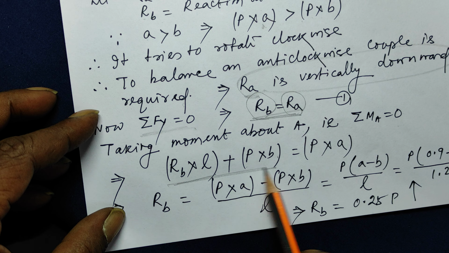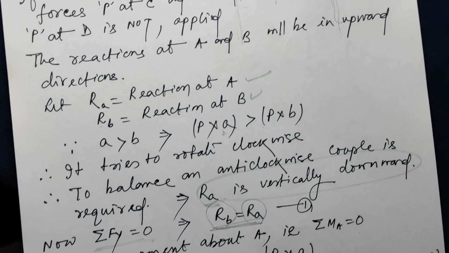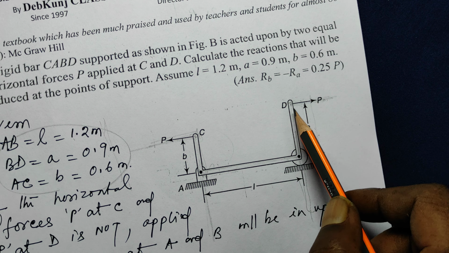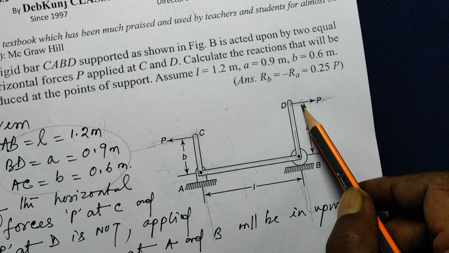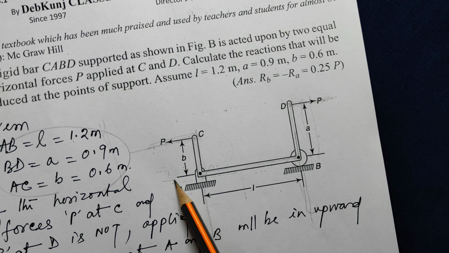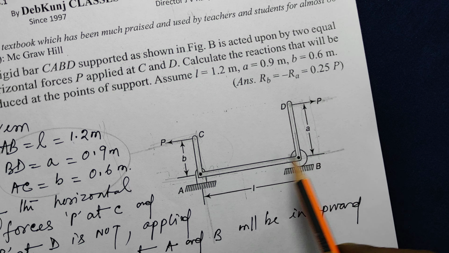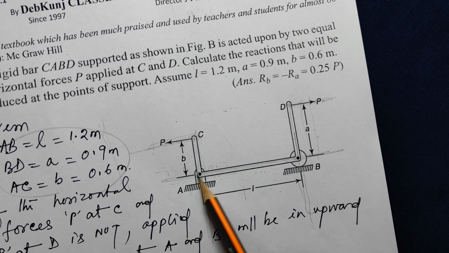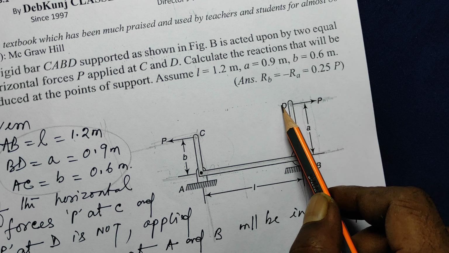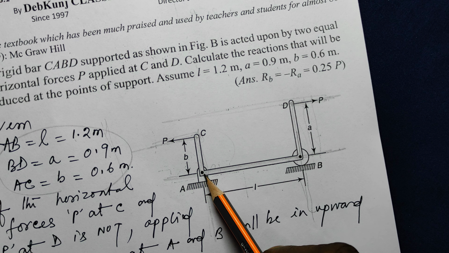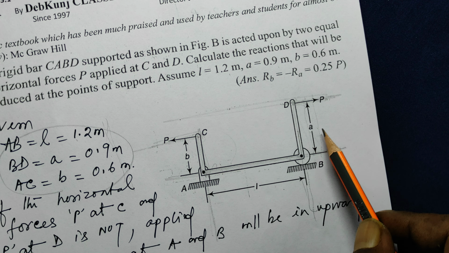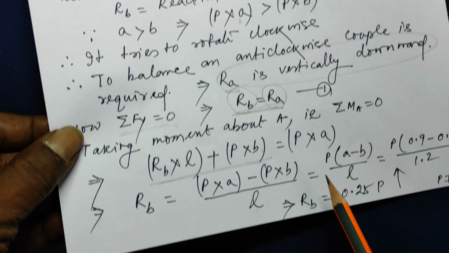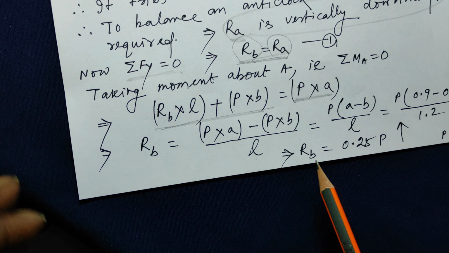So both are added, and P times A, this P times A, because this A is the perpendicular distance. I am taking the moment about point A. If you draw a horizontal line, the line of action of this P from the point A has a perpendicular distance A. So it is equal to P times A.